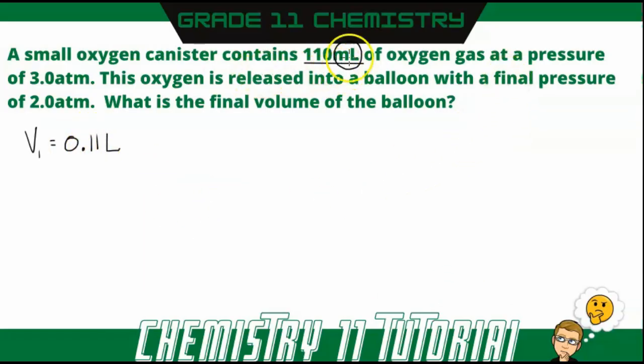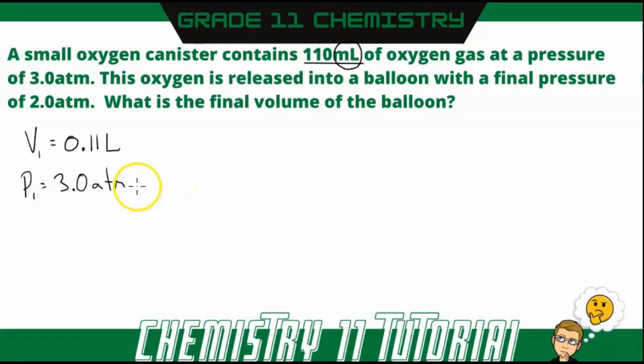Okay, so it starts off at 110 milliliters of oxygen gas at a pressure of 3 atmospheres. Now, although we don't really need to convert it for this problem, it's good to get into the habit, and let me show you how you do it anyways. We're going to convert this to kilopascals.